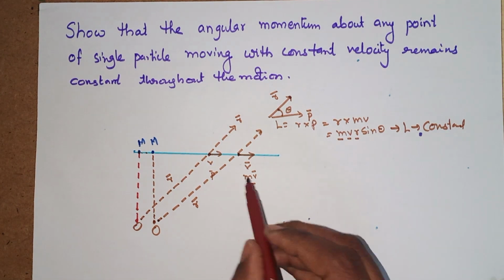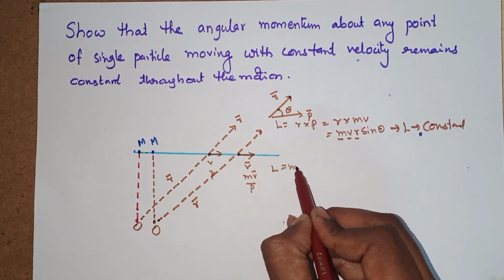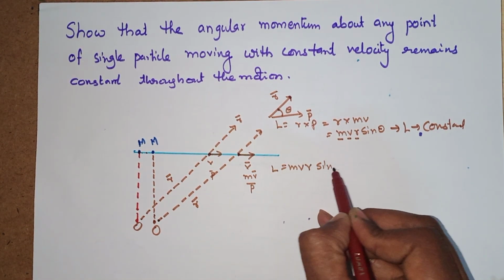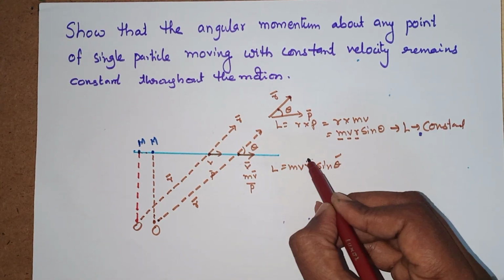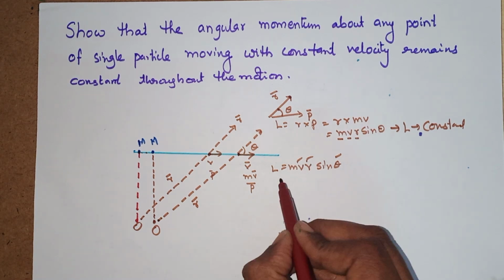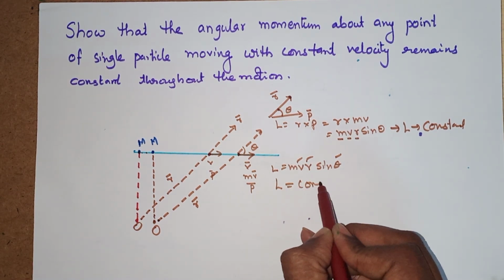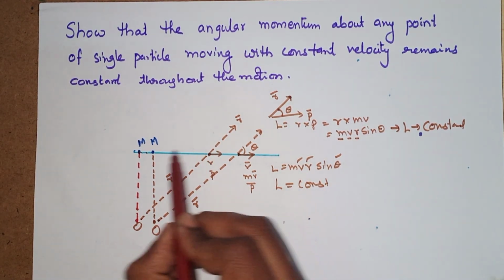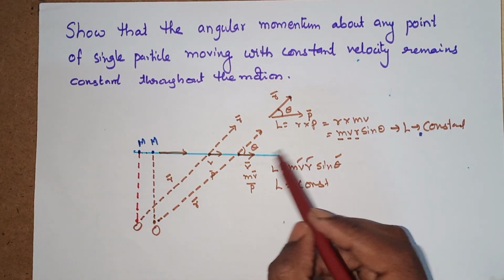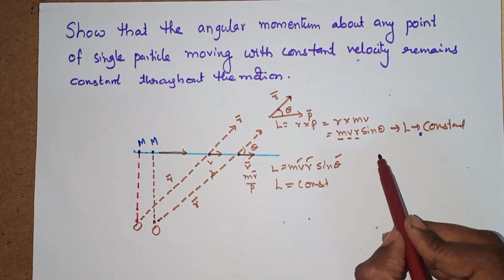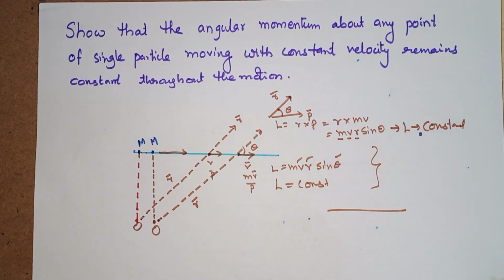R vector, again in this case you will write mv r sin theta. Theta remains same, velocity remains same, r same, m same. So here L is also constant. When a body moves with a constant velocity and the angle remains the same, angular momentum is also the same.